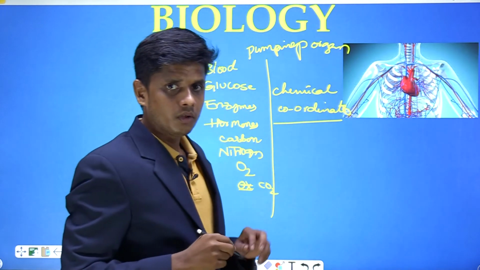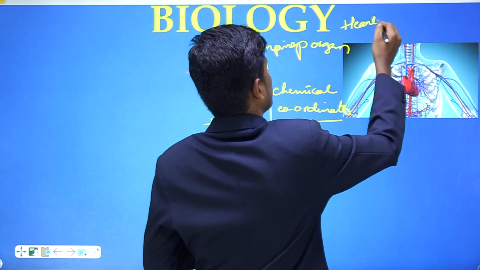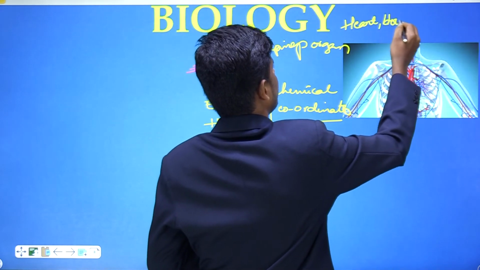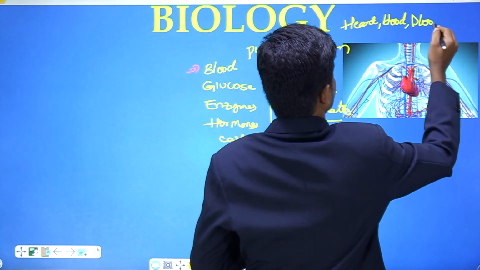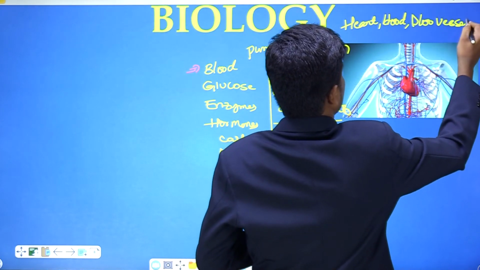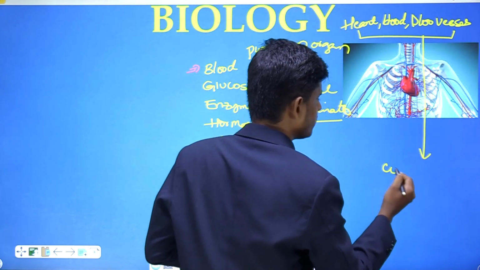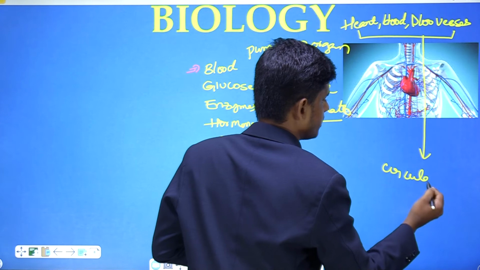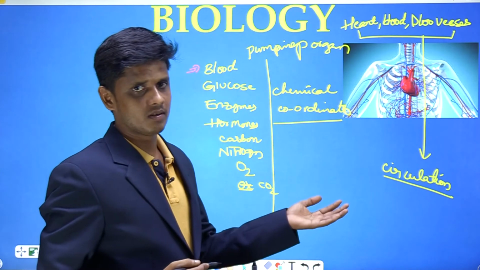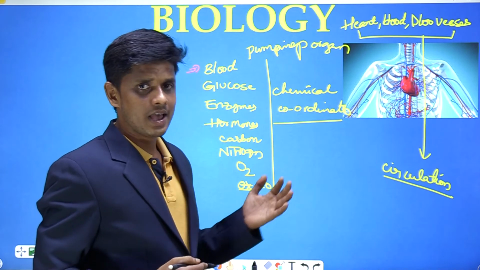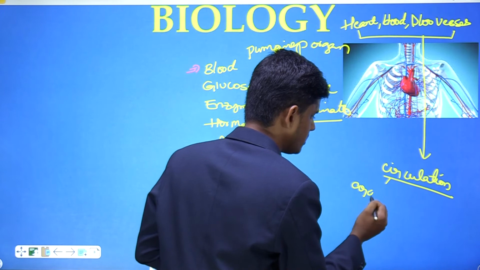Now we have seen the terms heart, blood, and blood vessels. These three come under a single unit called circulation. The system associated with circulation is called the circulatory system.